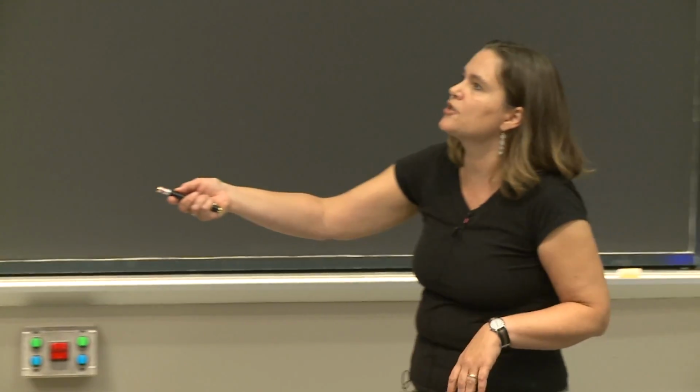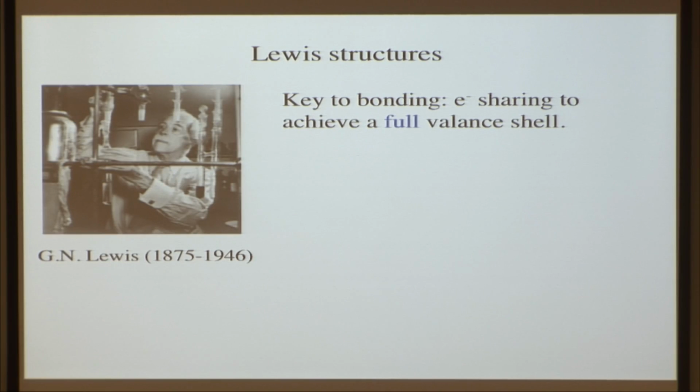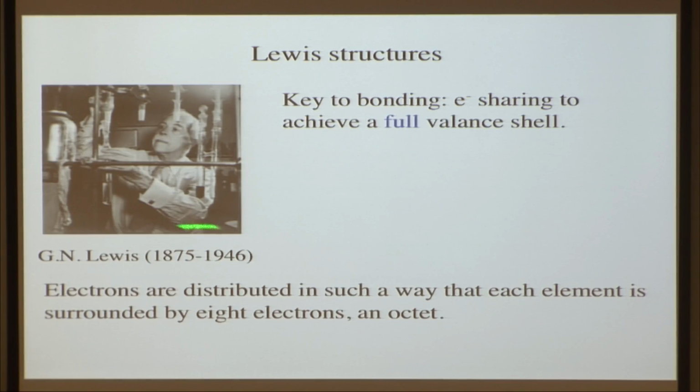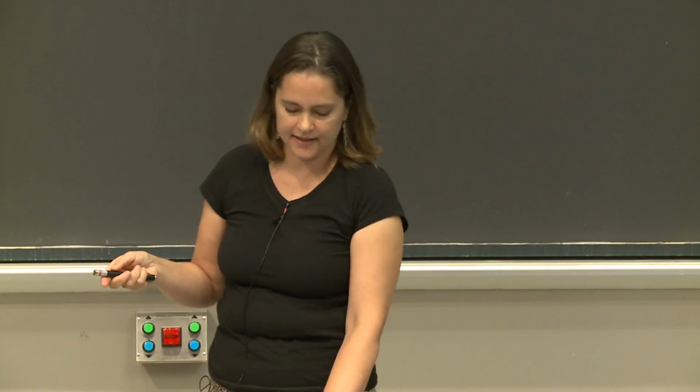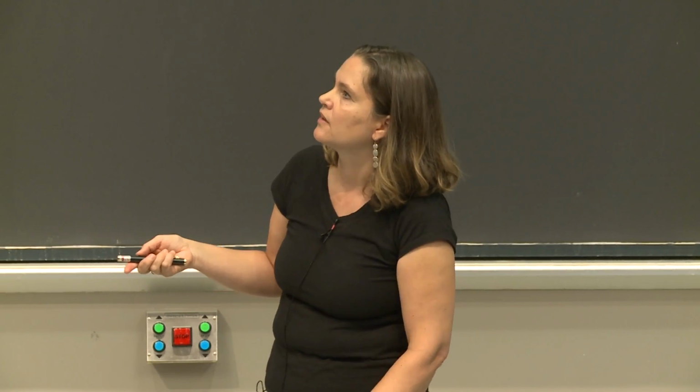In Lewis structures, the key is thinking about the electrons being shared so that you get a full valence shell, and having the electrons distributed in such a way that all of the atoms have the number of electrons that make them happy, which is usually 8 electrons, an octet, that noble gas configuration.